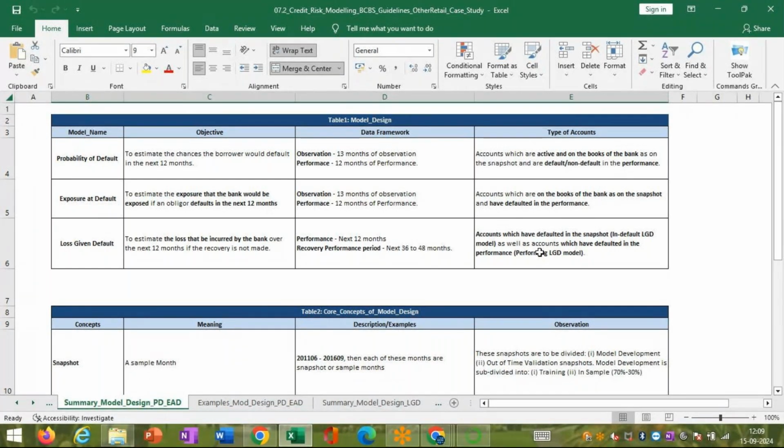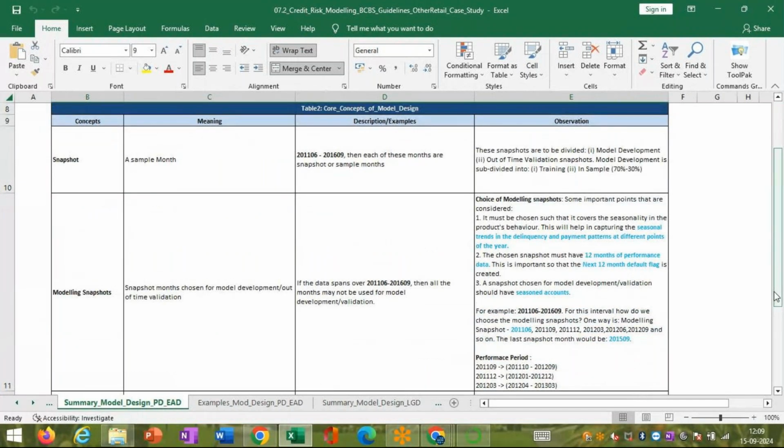The second part, we move on to talk in detail about the concepts of model design, right? One is the snapshot month, the other is the modeling snapshots. As we discussed, a snapshot month is a sample month. But when choosing the sample months as modeling snapshots, there are some requirements that need to be adhered to, right?